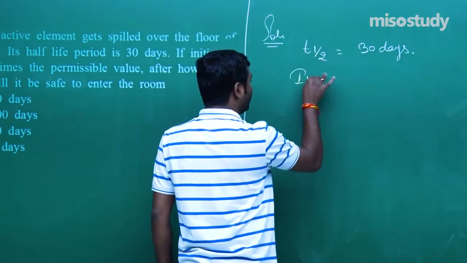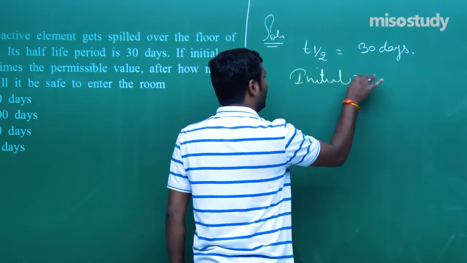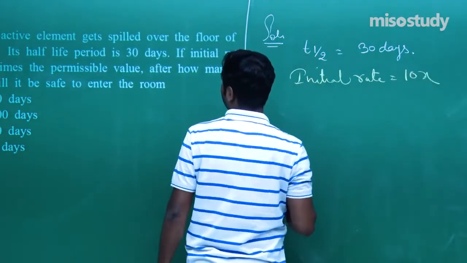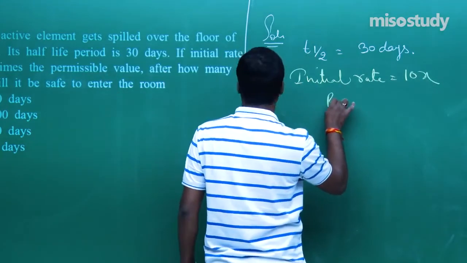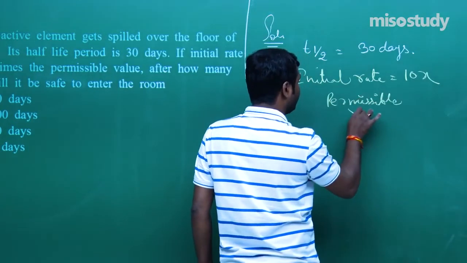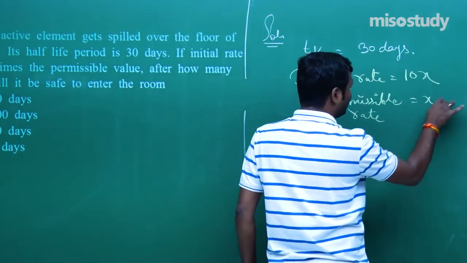So in terms of rate, we can write the initial rate is equal to 10x, and the permissible rate, my friend, we can write like this, x. Clear to you?